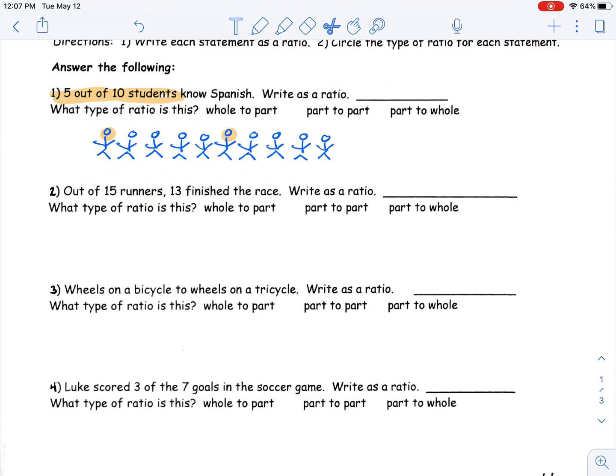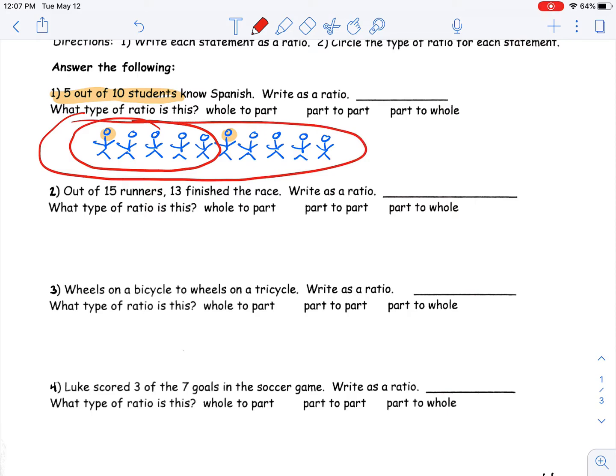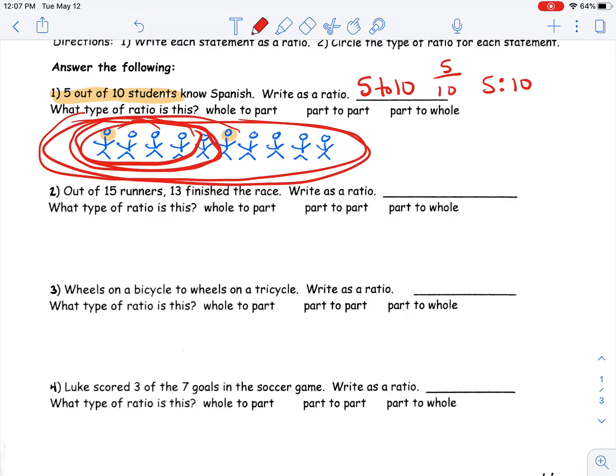All right, there's my 10 students. 5 out of the 10, 5 of them, out of 10 of them know Spanish. So that would be 5 to 10 ratio. And you could write it any of those ways. 5 is part of the group. 10 is the whole group. So this is a part to whole ratio.